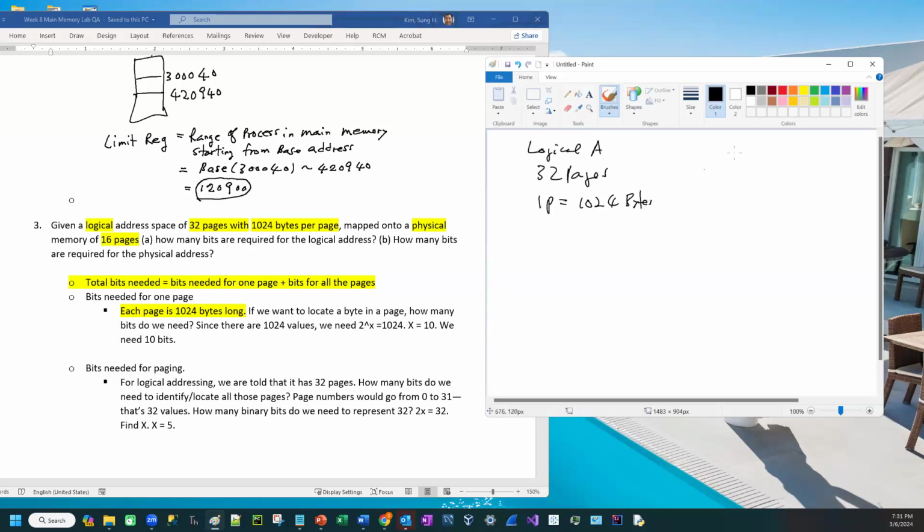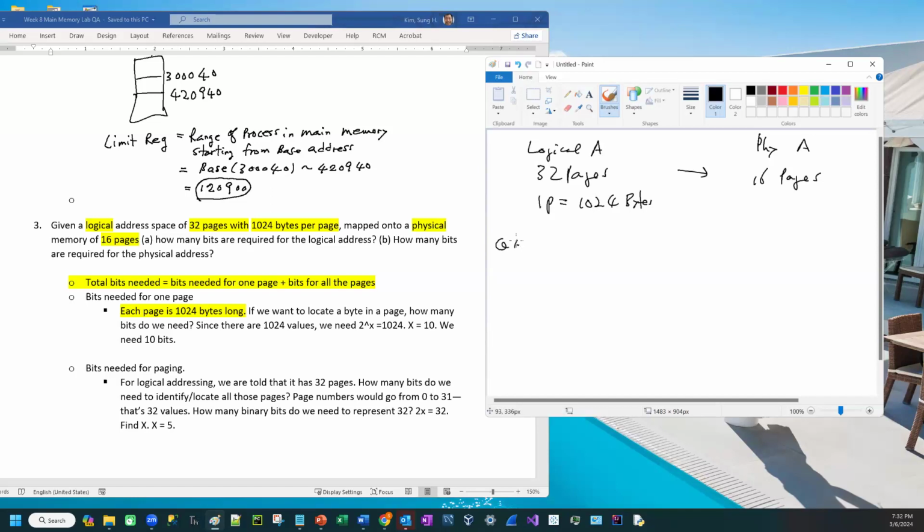It's mapped into a physical address space that has a memory of 16 pages. The question A is: how many bits are required for the logical address?